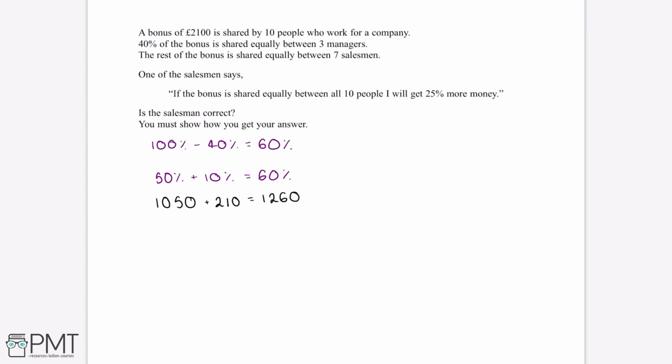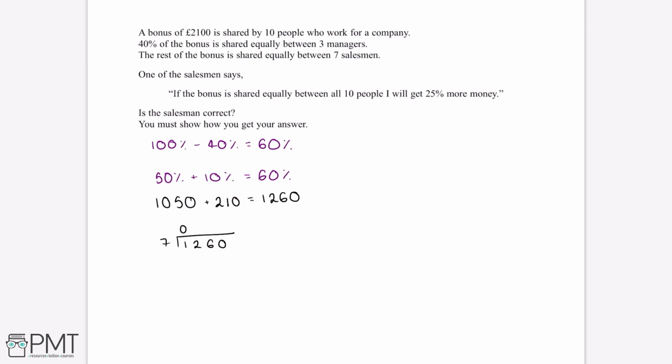Now £1,260 is the amount of money which 7 salesmen will share. So in order to work out how much each salesman will earn, we'll need to divide this value by 7. So we can use the bus stop method. So 7 goes into 1 0 times.